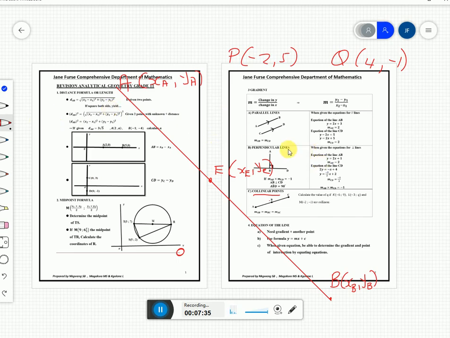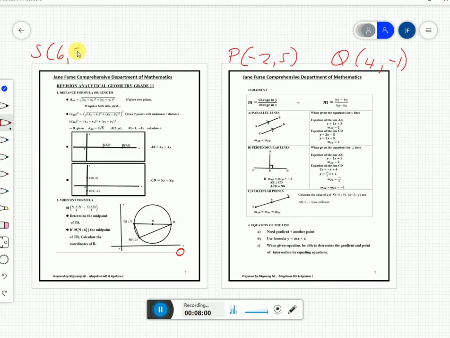Let me wrap this also, the line there. The other point is S, and S is 6 and 3, right? And T is 2 and 7.